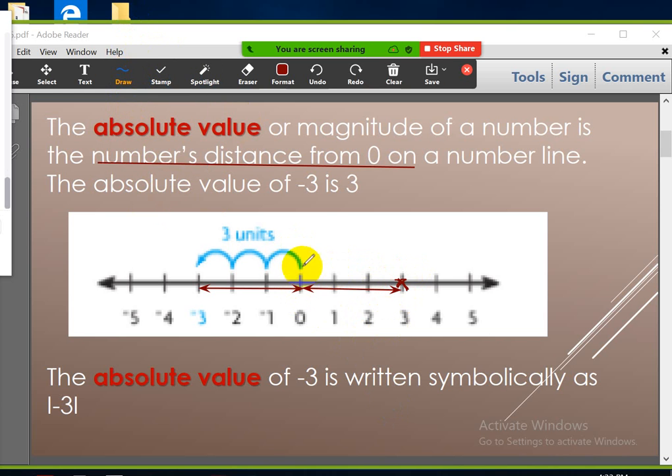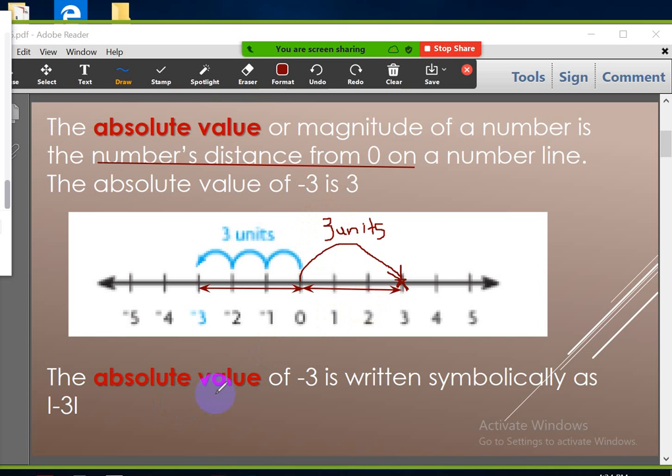What is the distance? 1, 2, 3 units. All the time, the absolute value will be the distance between the number and the 0 point. So this is also 3 units. That means the absolute value of 3 will also be 3.